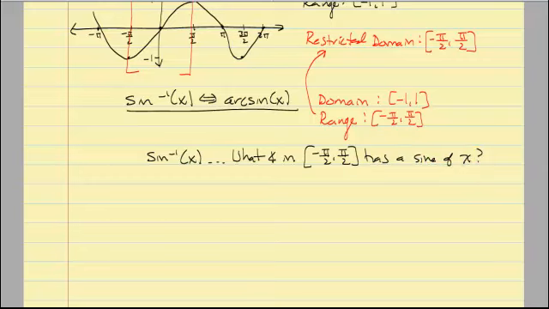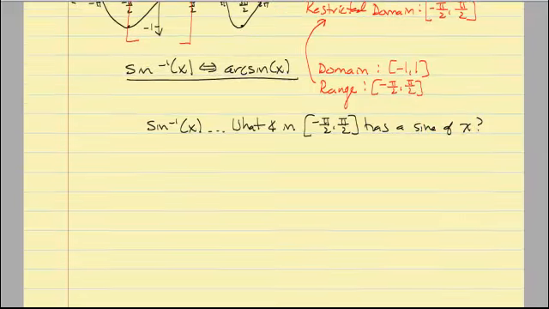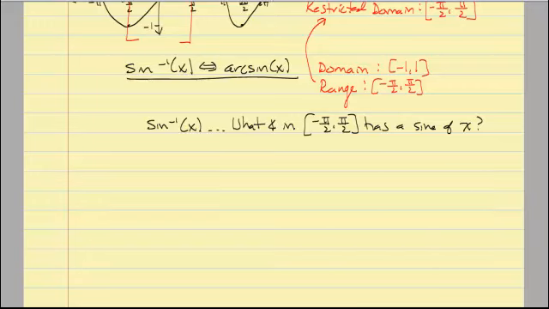That's the question. And I want you to write all of these out. So anytime you see an inverse trig function, you need to write out the statement, what angle in whatever interval we're working at has a sine, cosine, tangent of x, and we'll write all of these out.